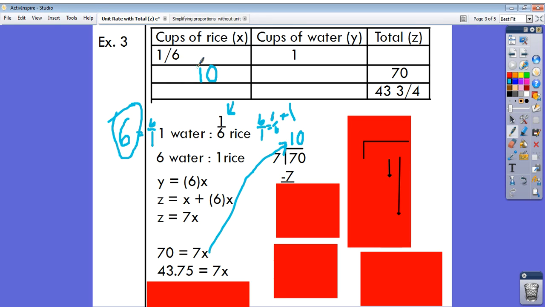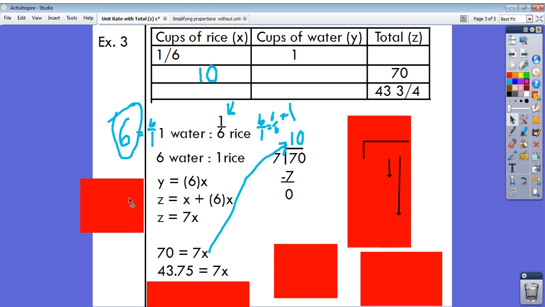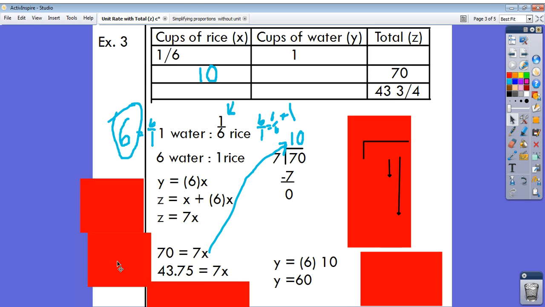Now that I have my x, I can plug it into my unit rate equation, y equals 6 times x. So let's see. I have y equals 6 times 10. Instead of putting x, I put 10. And 6 times 10 is 60. So in my y column, I put 60.